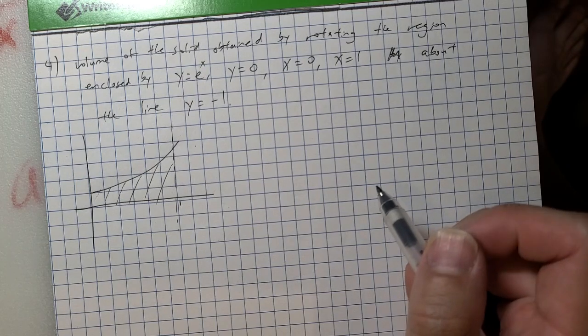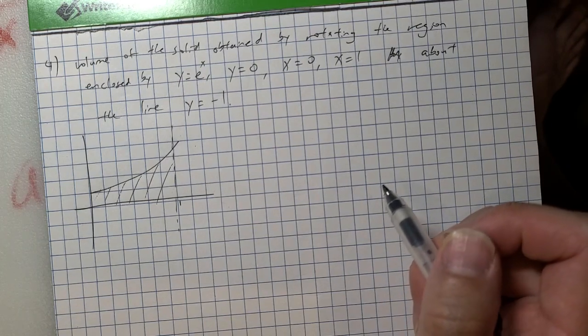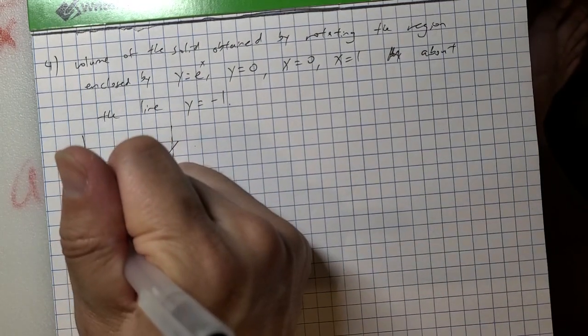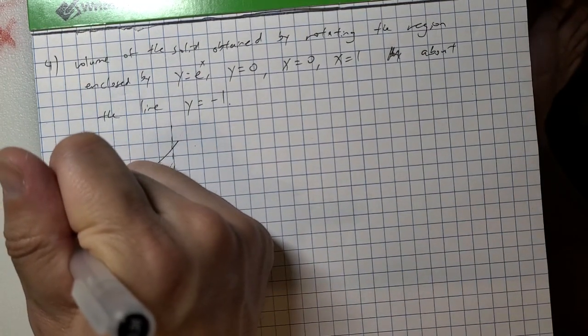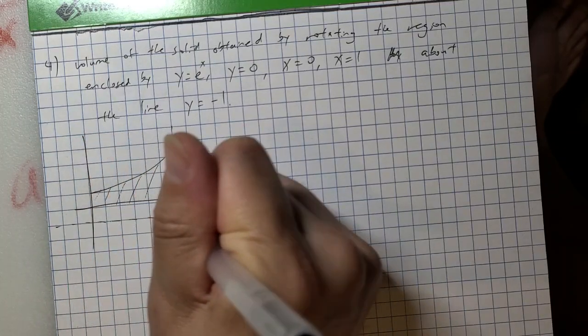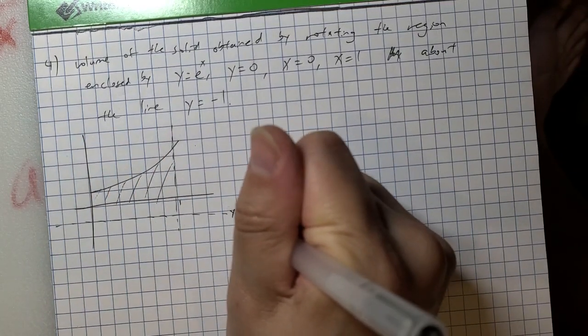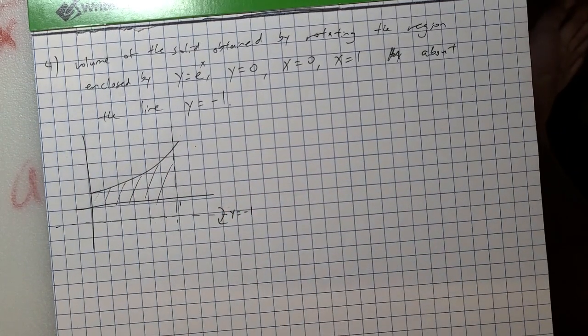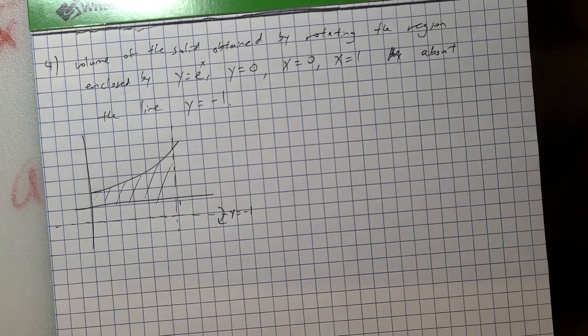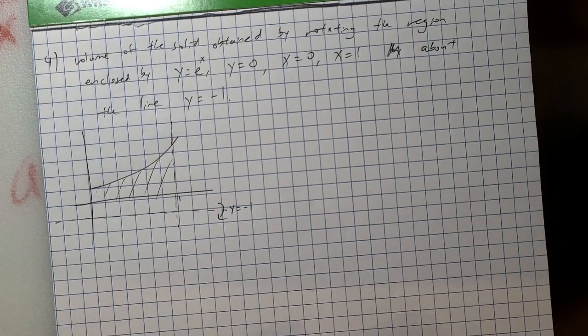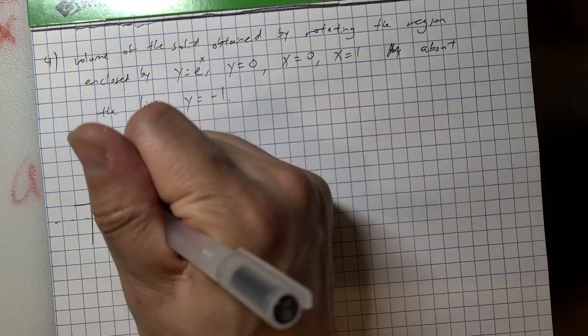We're rotating this about what line? About the line y is equal to minus 1. So that means if we draw a dotted line here, this is y is equal to minus 1. This is our axis of rotation. So if it helps, you can draw a cross section.